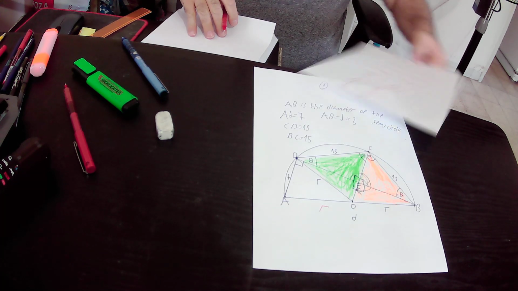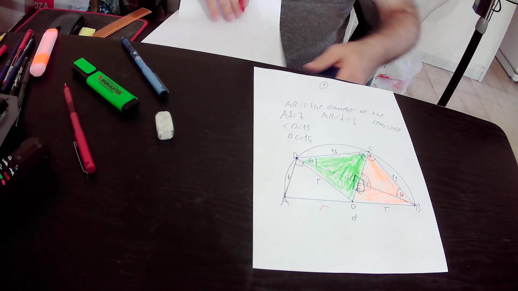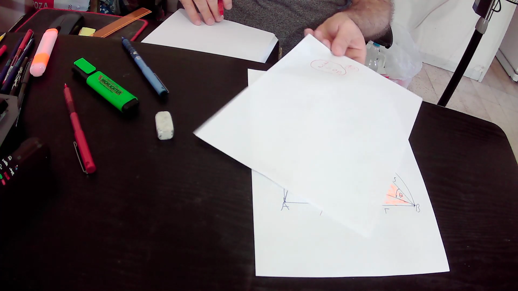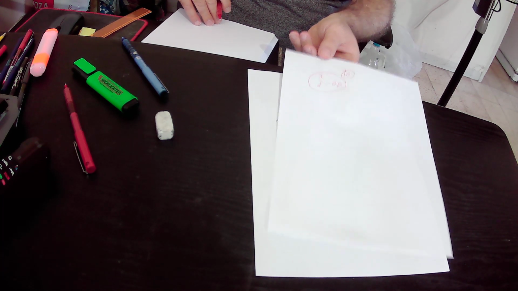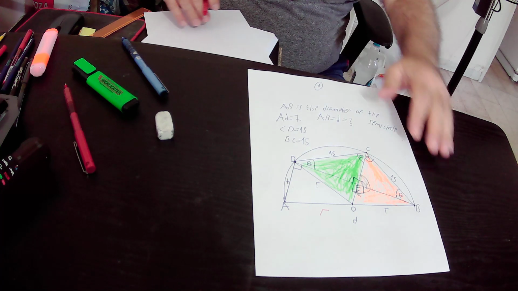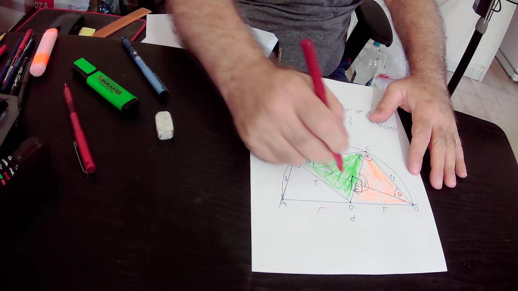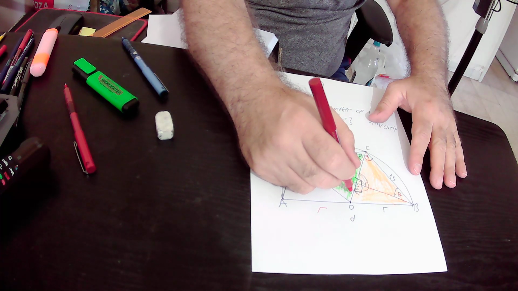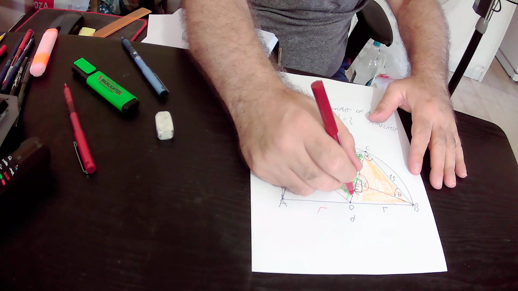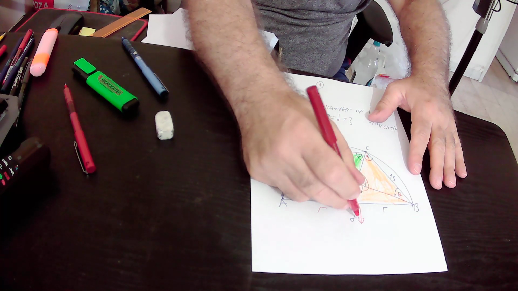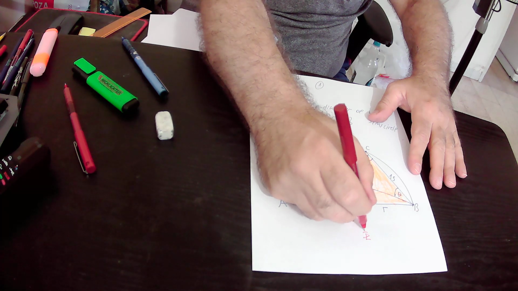Or in other words, OE equals 7 over 2 units.